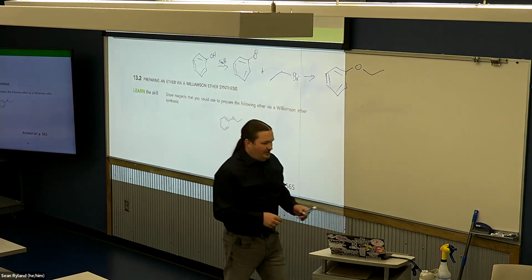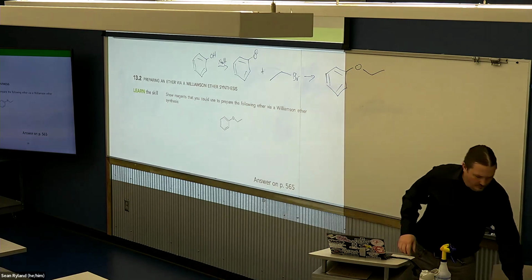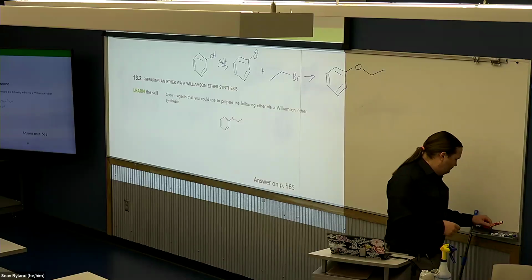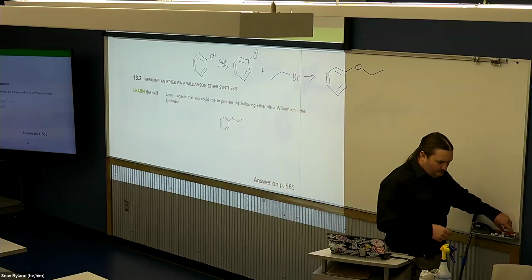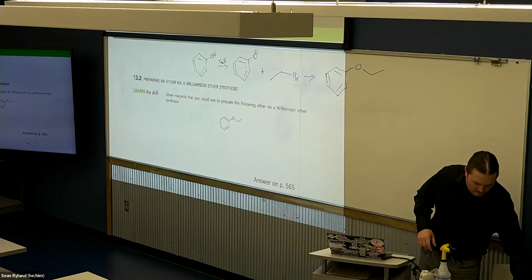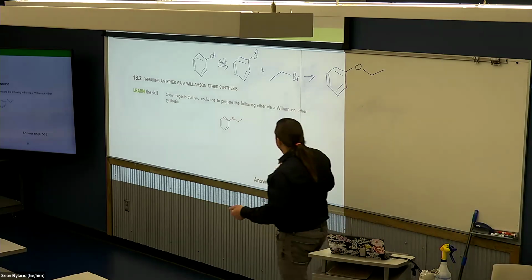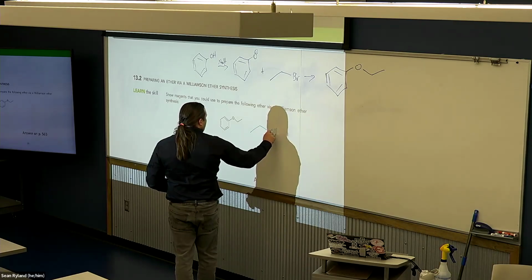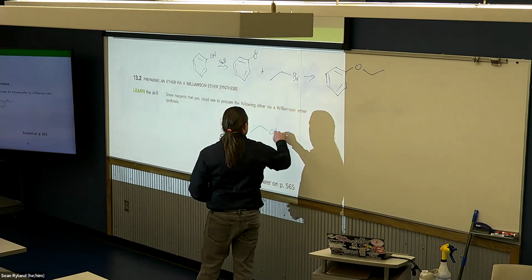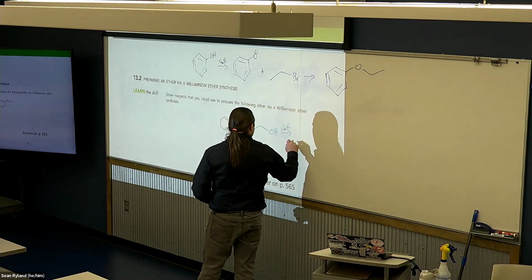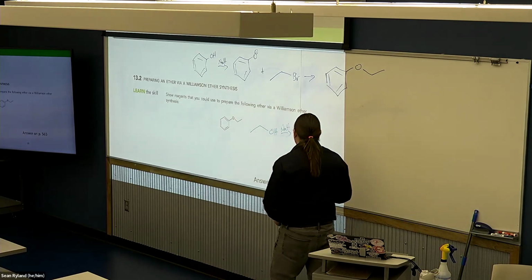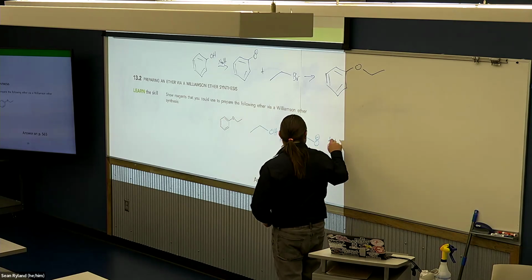So our other option here would be ethanol plus NaH makes the ethoxide ion.